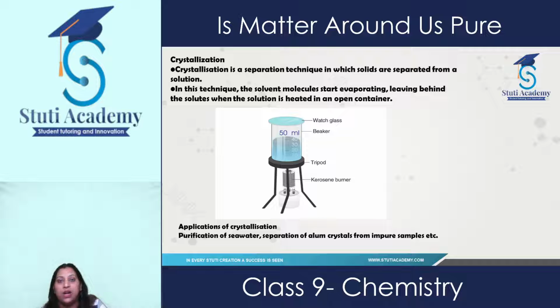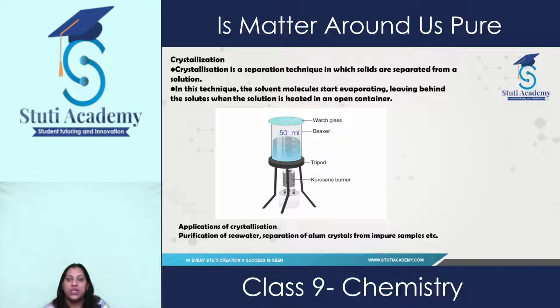In this method, whatever product we get is in the purest form, in geometrical shape crystals. So solids are separated from a solution and we get those solids in the form of crystals. In this technique, first evaporation takes place.